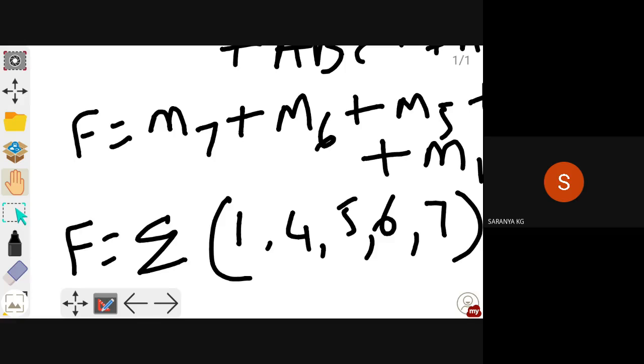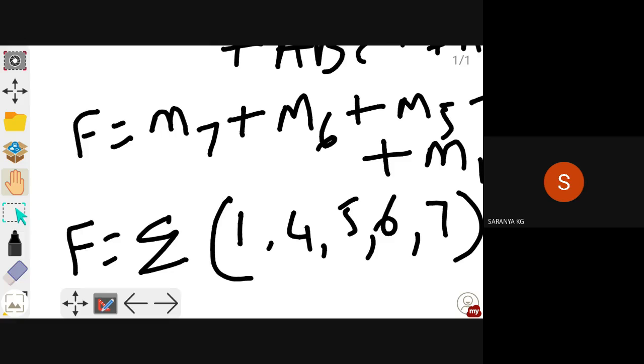So is it clear? Any simplified form can be represented in terms of sum of minterms, or in some question papers they will be using SOP form, that is sum of products. So you have to take the first term and whichever variable is missing, you have to multiply with it.